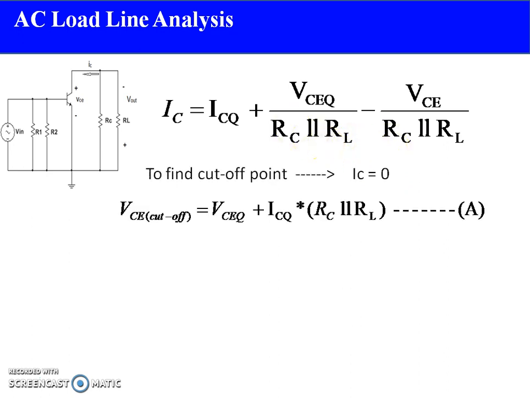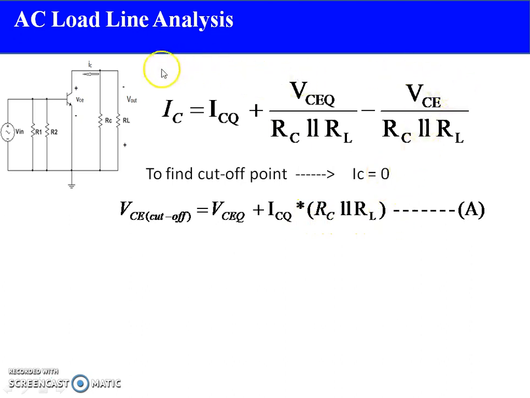equal to 0. So to find the cutoff point, keep IC equal to 0. That in turn produces VCE cutoff. That means if you keep IC equal to 0, the VCE cutoff is given by VCEQ plus ICQ times rc parallel RL.